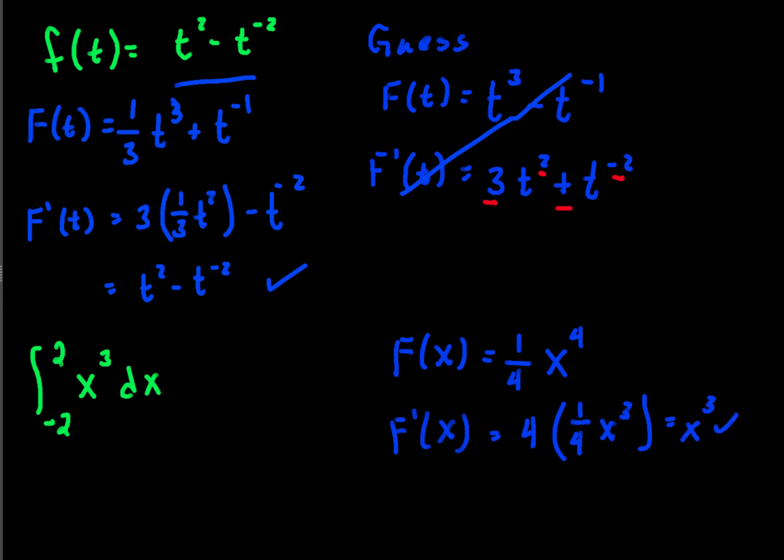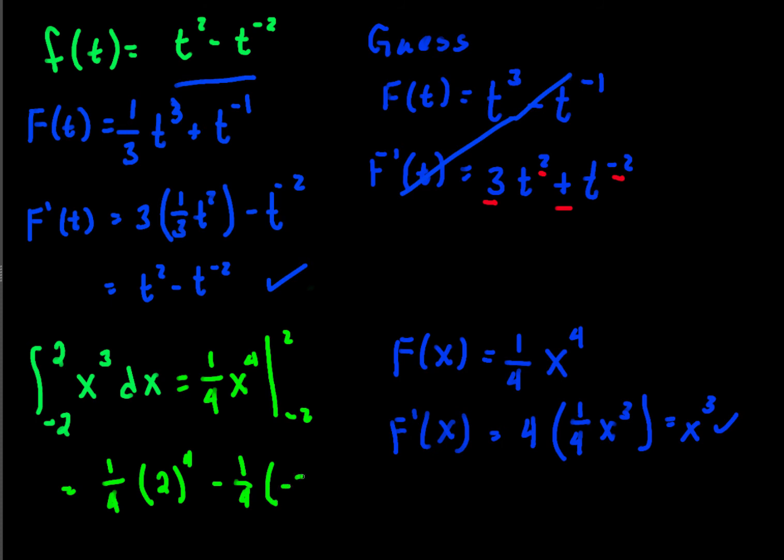And so then if I want to calculate this integral, it is equal to 1/4 x to the 4th evaluated between negative 2 and 2. So that is equal to 1/4 times 2 raised to the 4th power minus 1/4 times negative 2 raised to the 4th power.